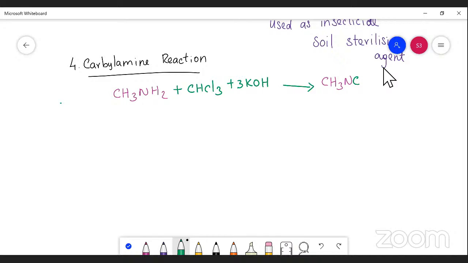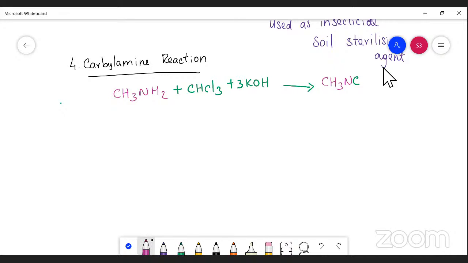Methyl isocyanide is the chemical in the Bhopal tragedy, the gas which leaked out. What are the byproducts here?